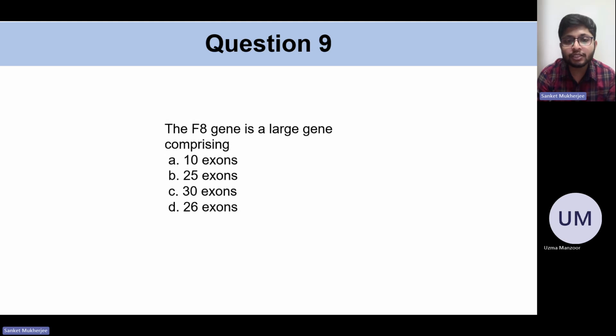The F8 gene, that is the factor 8, is a large gene that is comprised of A, 10 exons, B, 25 exons, C, 30 exons, or D, 26 exons. So I'll give you a minute to think on this and then we'll discuss the answer.